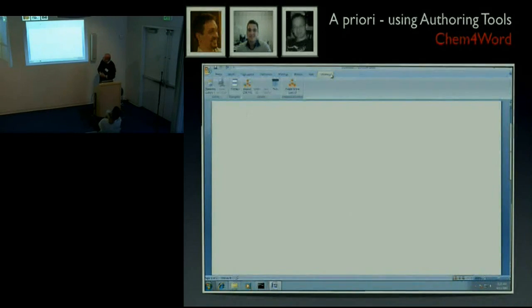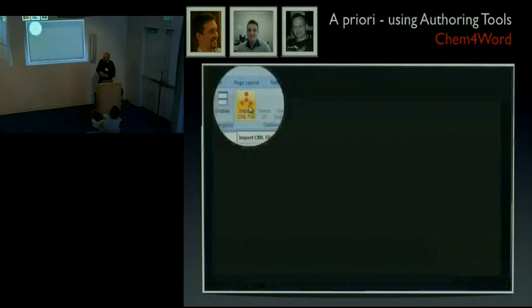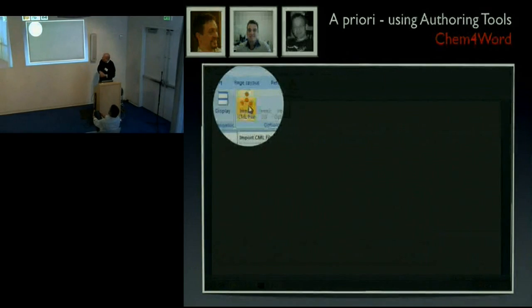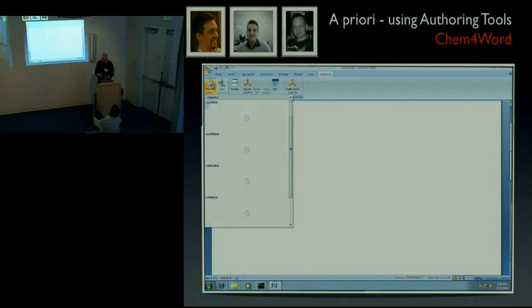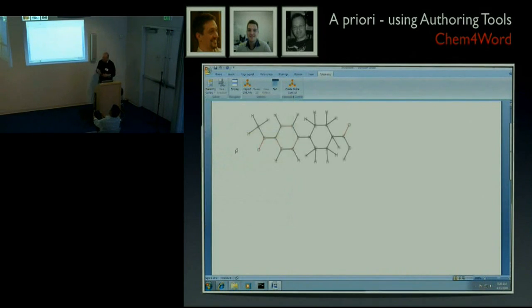We can introduce chemistry into Word documents, for example, by importing a CML file into the document, or by selecting molecules from a gallery of molecules. It turns out many chemists in their day-to-day lives only work on a small subset of molecules, and so we can deposit them in a gallery, and then as they write about them, they can choose it and introduce it into their Word document.